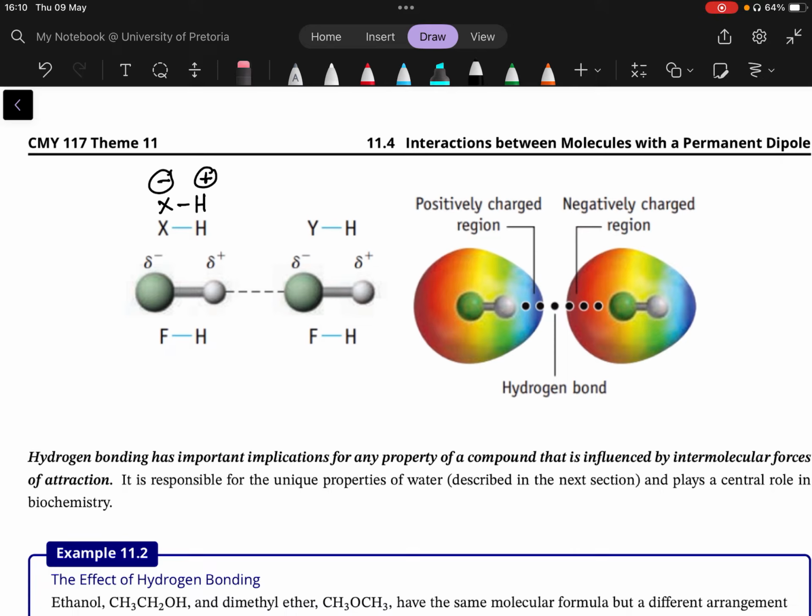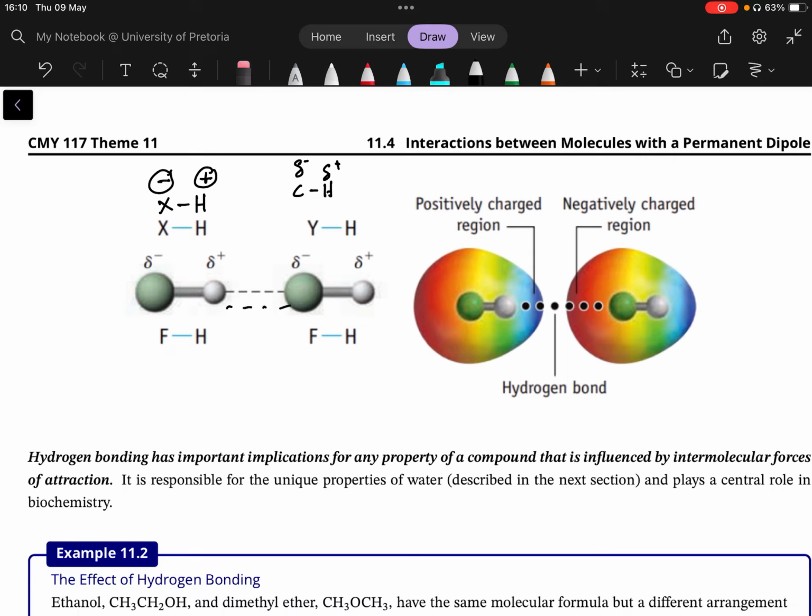It's not like the other compounds, where if you have a carbon to an H, you would say the carbon is going to be slightly negative and the hydrogen slightly positive, but they share their electrons quite well. In terms of the ones that contain fluorine, oxygen, and nitrogen, it's almost like a complete split. So if you think of it like that, which one is going to cause the bigger interactions? The one, of course, that has the complete split. And that's exactly what we see.